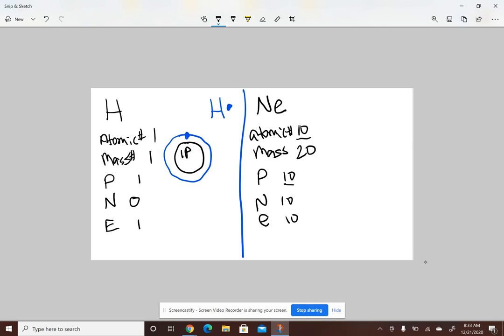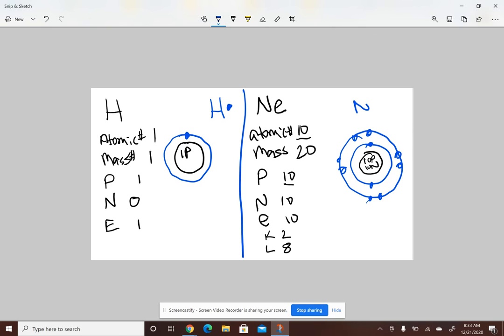So I know that now in my nucleus, I have 10 protons, and I have 10 neutrons. My electrons, I have 10. My K shell will have the first 2, and my L shell will get the next 8. 8 plus 2 is 10. So when I draw this, I have my 2, and then 1, 2, 3, 4, 5, 6, 7, 8.